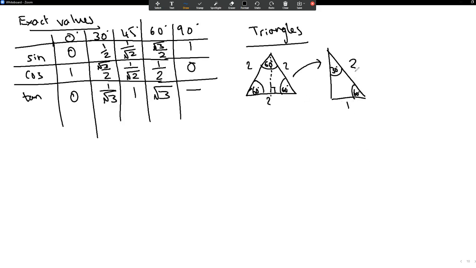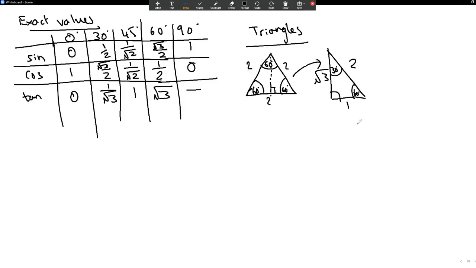Then using Pythagoras we can figure out that this side here is the square root of 2 squared minus 1 squared, which is root 3. You don't really need to know how we get there, but it's helpful to imagine it like an equilateral triangle of length 2.